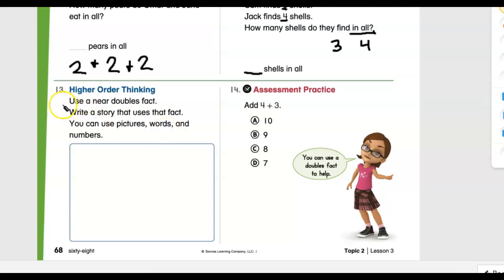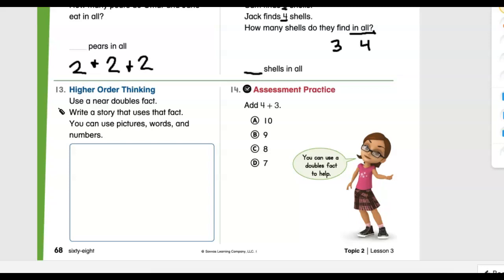Number 13 says use a near doubles fact. So a near doubles fact, that doesn't mean it's going to be a doubles fact like 2 plus 2 or 3 plus 3. It is not going to be a doubles fact. It says use a near doubles fact. Write a story that uses that fact.